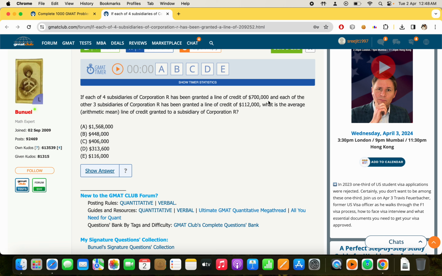So let's keep three zeros away. So 4 into 700 plus 3 into 107. Let's see if we can deduct the 4 in the 7 in the denominator. Yeah, we can. So solving it, we can see it's around 1000.